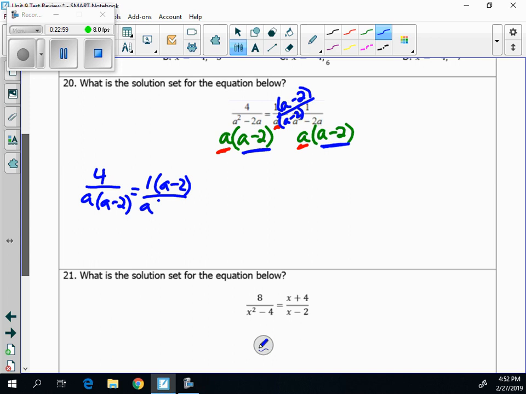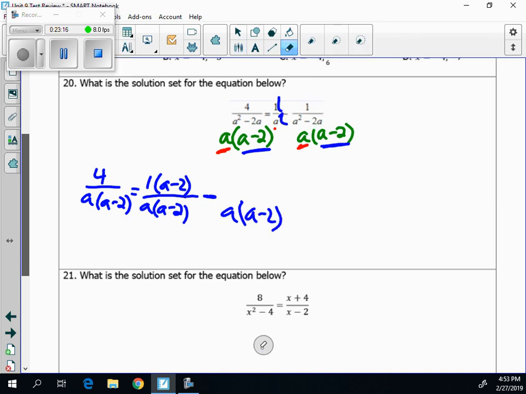over a times a minus 2, subtracting a times a minus 2. So what is this? 1. So looking at this now, we have all like denominators, so let's just drop the denominators and solve the numerator. So 1 we can distribute it in.